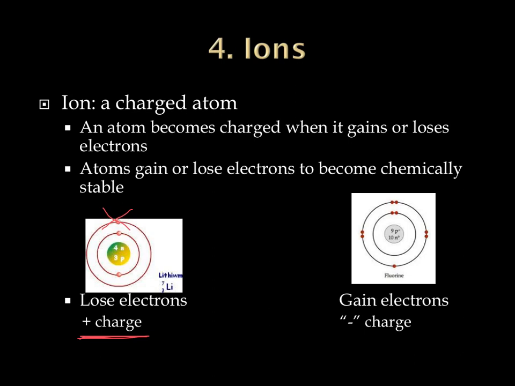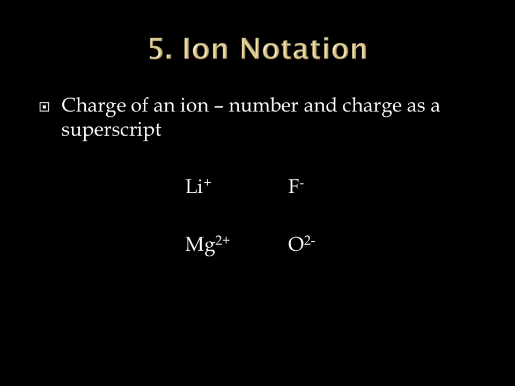On the other hand, we have something like fluorine, which needs 1 electron to fill its outer level. It will often take or gain an electron. What that'll do is then you've got 9 protons, but 10 electrons, giving the atom overall a negative charge. So gaining electrons means it becomes negative, losing electrons means it becomes positive.